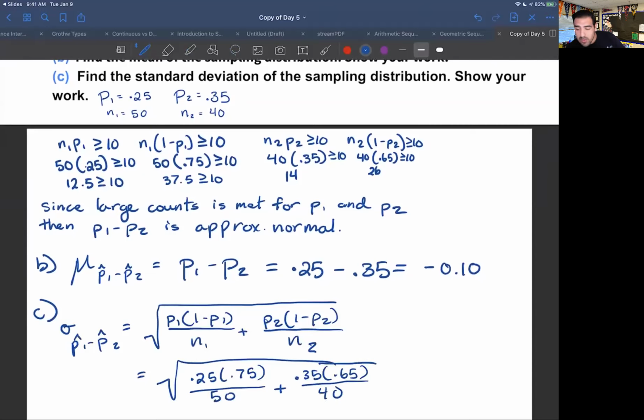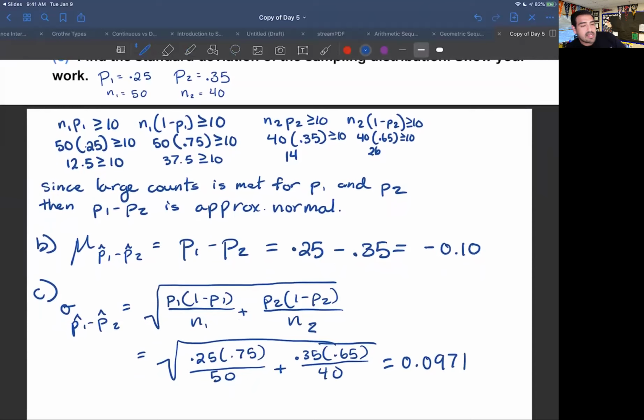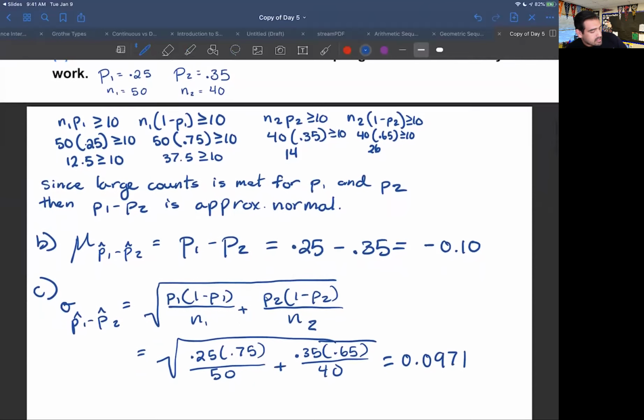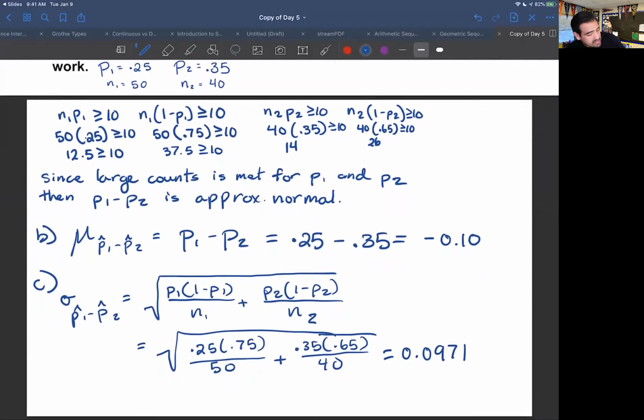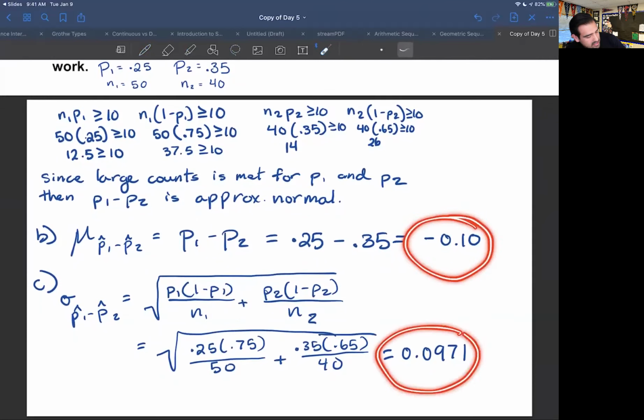Sum that up, square root it, and you get a standard deviation of about 10%. That's the standard deviation for that distribution. Just trying to remember how to describe the difference in sample proportion distributions, this is the information you need: it's normal with a center of negative 10% and a standard deviation of about 10%.